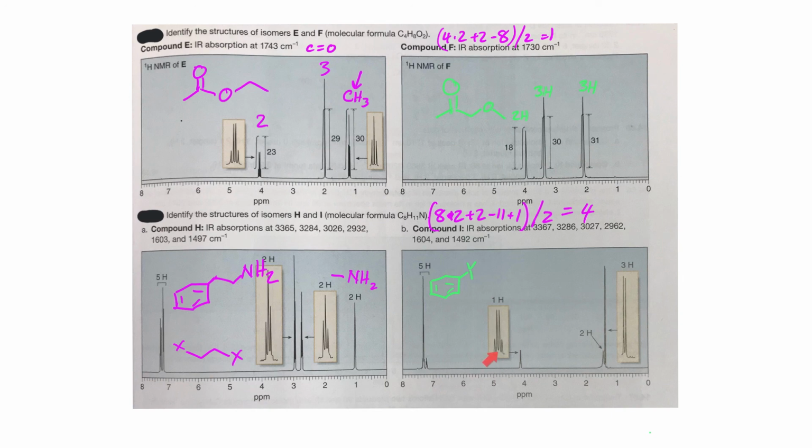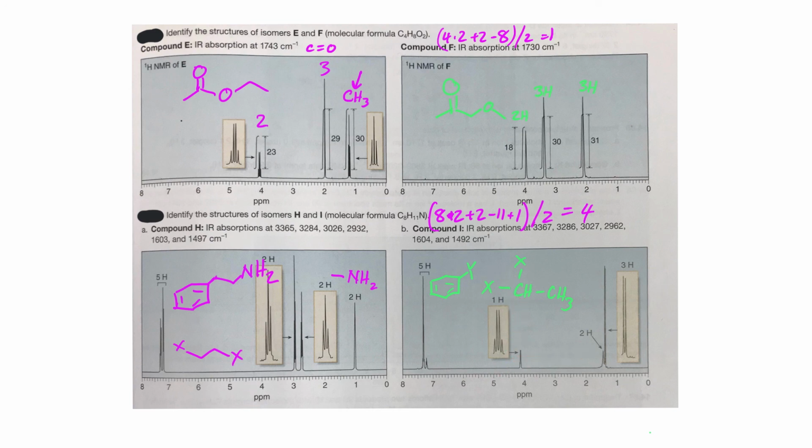If I look at the other signals, I have a 1 hydrogen quartet, so that is probably a CH that is adjacent to a CH3. And that means I have two groups on the CH that have no hydrogens, because I know that this H is split into 4 peaks by the adjacent methyl group. So these two X groups do not have any hydrogens. So that is the signal for this hydrogen here.